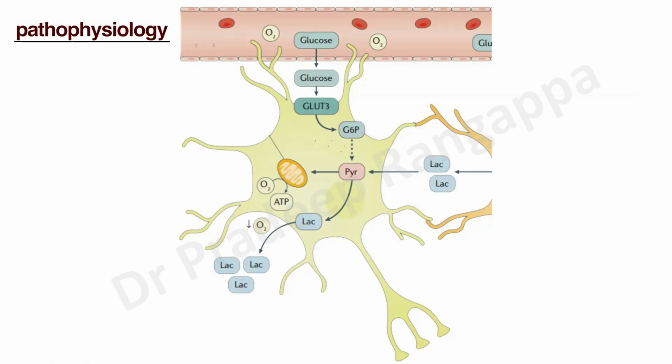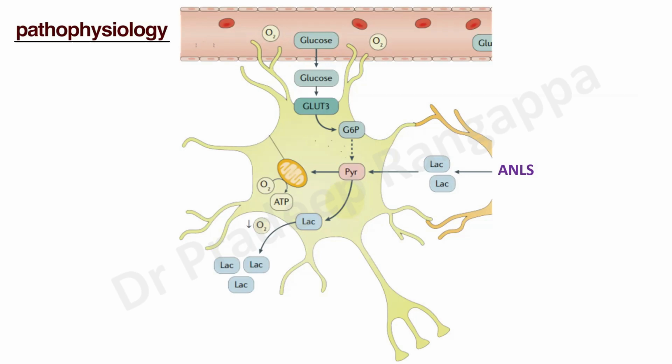So more lactate production at the neuronal level has been touted, and they have described something as an astrocyte neuron lactate shuttle. There is a lot of movement of lactate from the astrocytes to the neurons, which has been put as the astrocyte neuron lactate shuttle, and that also leads to increased production of lactate within the neuron.